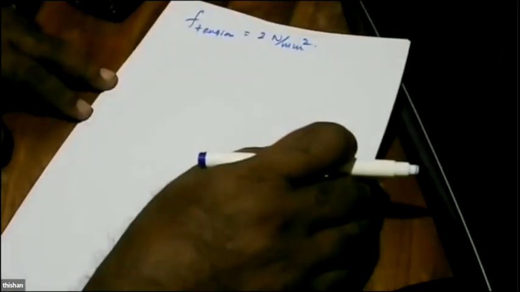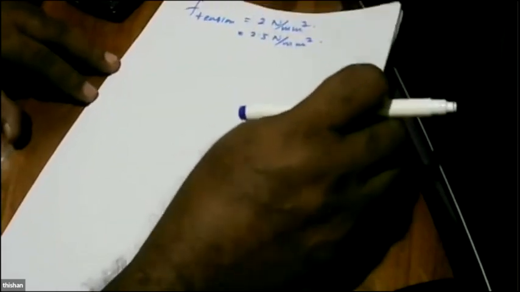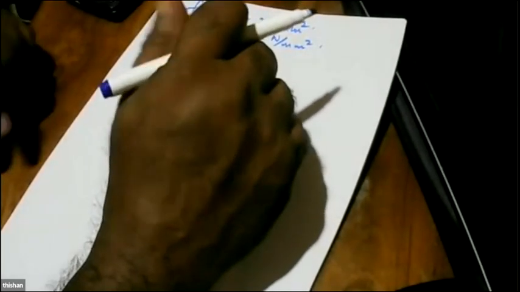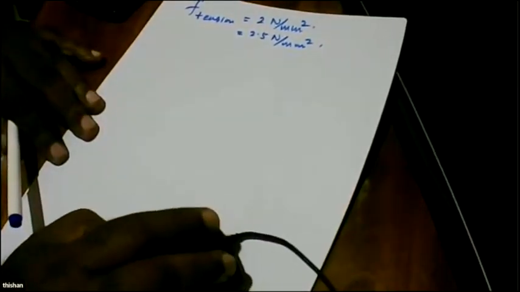So I will assume that we are going to limit the tension in concrete to about 2 to 2.5 newtons per millimeter square, depending on the strength of concrete. But generally, the allowable tension will be in that particular range.